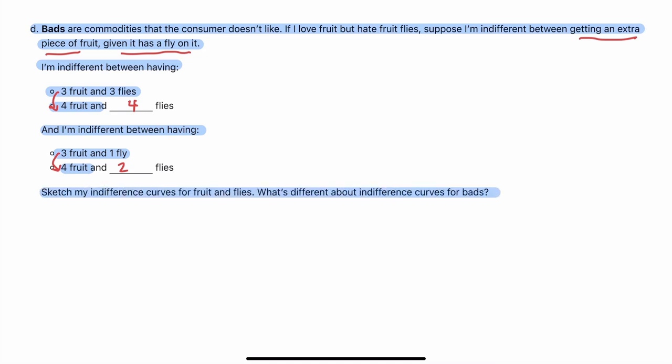What's different about indifference curves for bads? So got to be really careful here. I'm going to draw fruit on the x-axis and flies on the y-axis. I'm indifferent between having 1, 2, 3 fruit and 1, 2, 3 flies here.